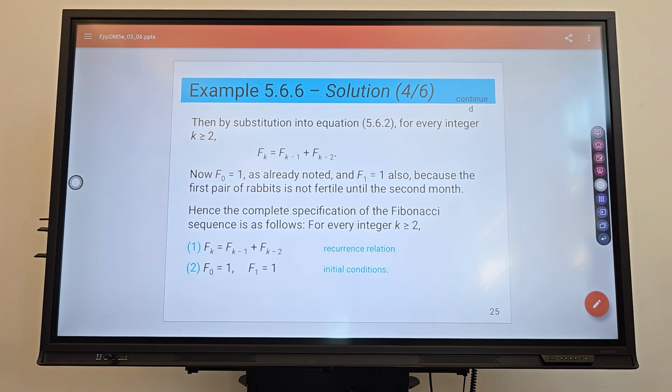Hence, the complete specification for the Fibonacci sequence is as follows. f sub k equals f sub k minus 1 plus f sub k minus 2. F sub 0 equals 1, and f sub 1 is equal to 1.